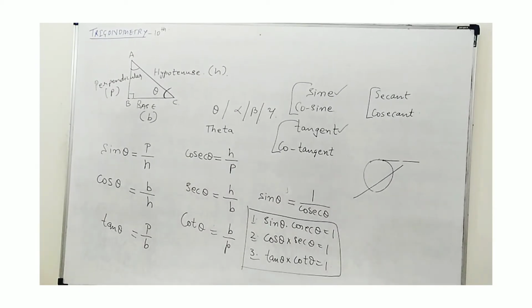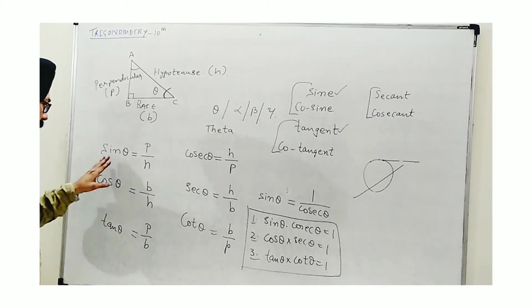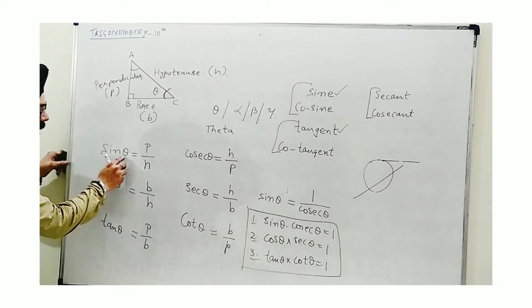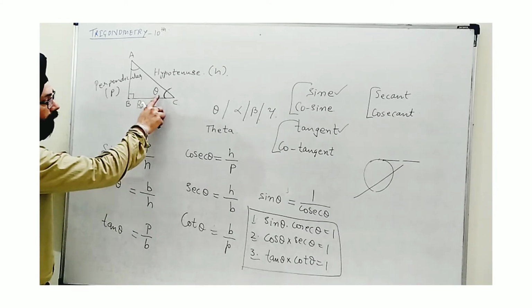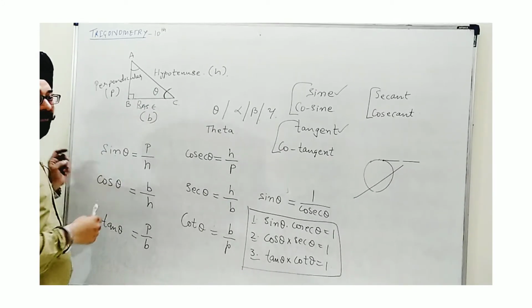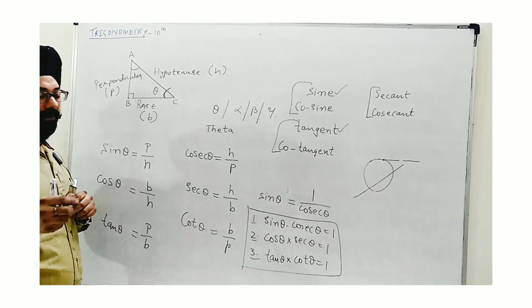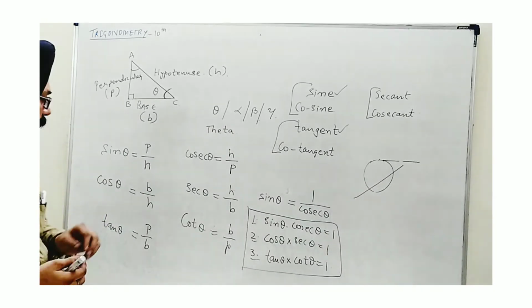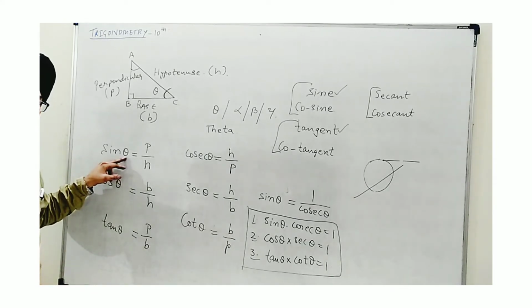Now, one more thing I want to say, which may cause students to make mistakes. I am writing sin theta. I want to remind you, theta is the symbol for an angle. It means any value of an angle, measured in units like 30 degrees, 40 degrees. So this theta will be written in the form of an angle.